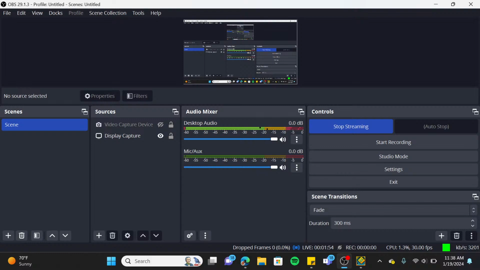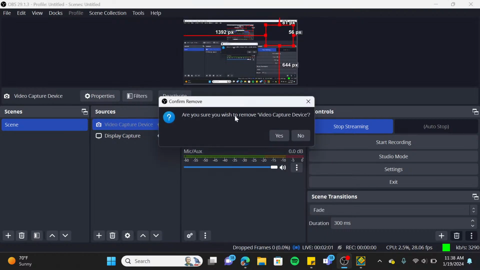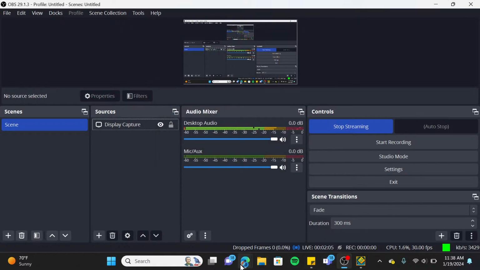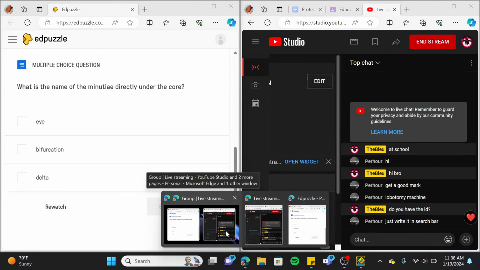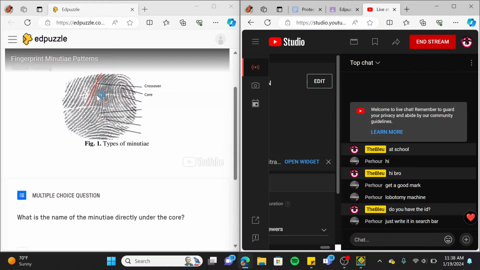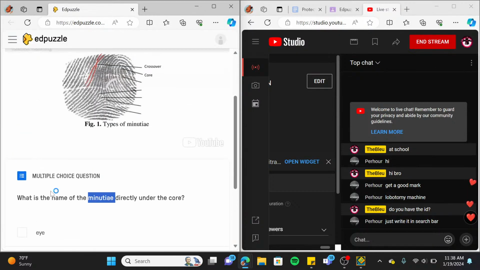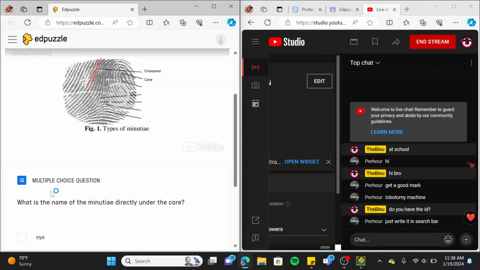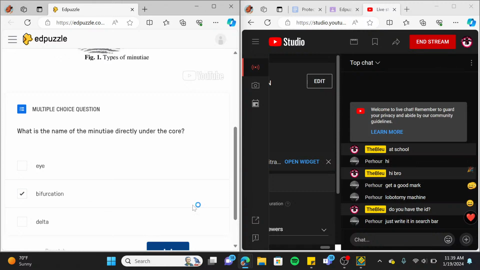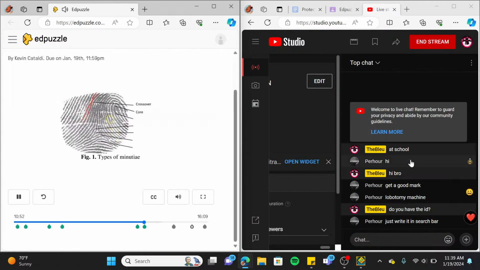Since this is a loop, this would be the core of the loop.